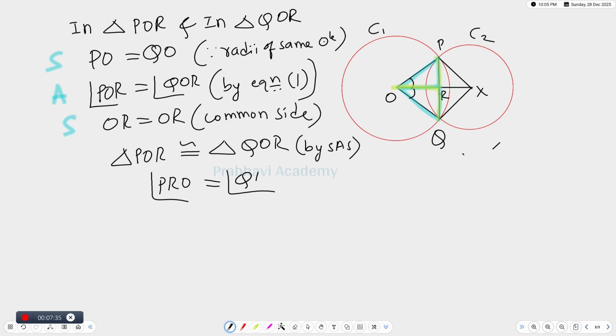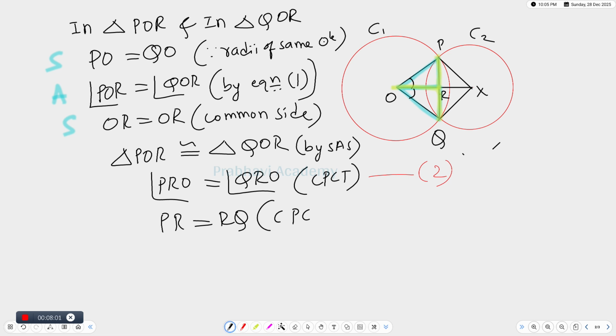This is by CPCT, corresponding parts of congruent triangles. So I call this equation 2, and we can also see that PR is equal to RQ. Why PR is equal to RQ? The reason is CPCT. This I call as equation number 3.